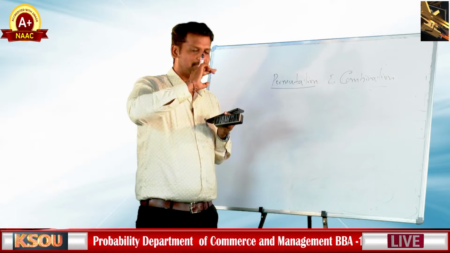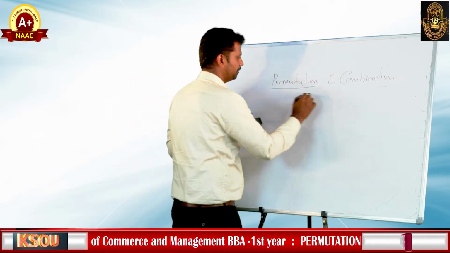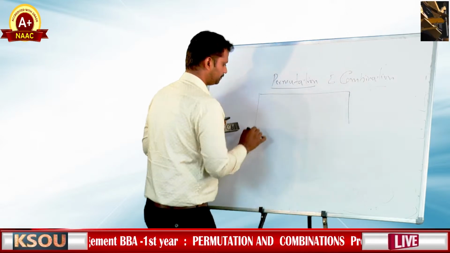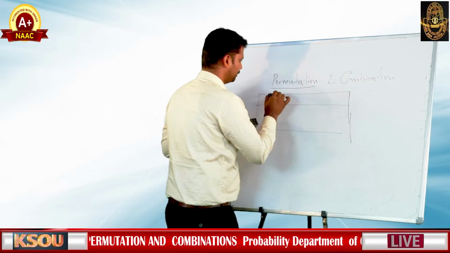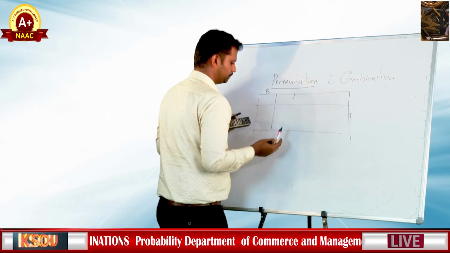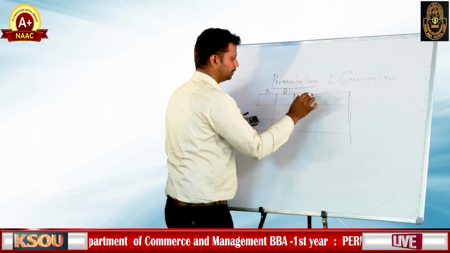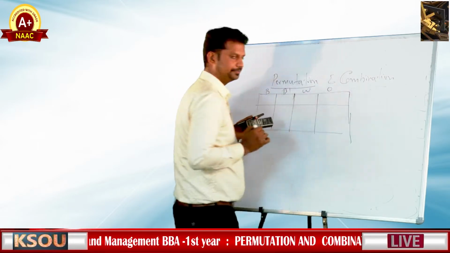So just make a table. It's very easy. First you write batsman, bowler, wicket keeper, and all-rounder.